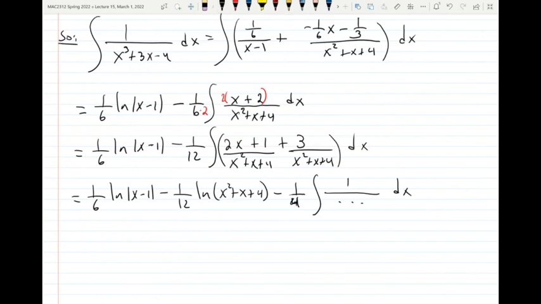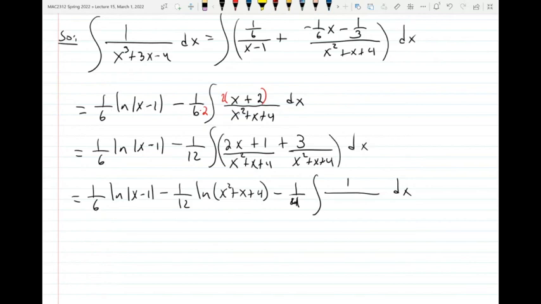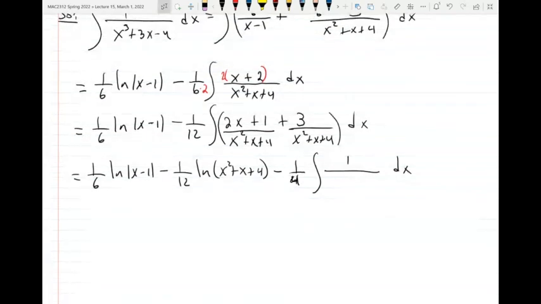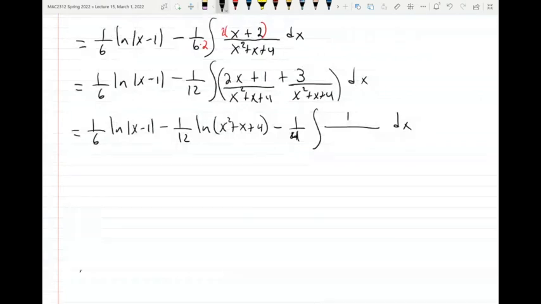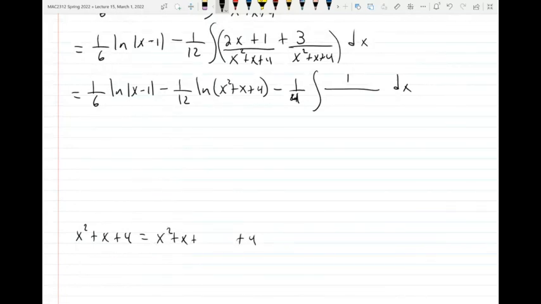Okay, so now here in the bottom, instead of putting x squared plus x plus 4, what I'm gonna put is the completing the square version of it, okay? So I'm gonna complete the square. Let me complete it down here. x squared plus x plus 4. So I need to have here 1 divided by 2 squared, so a 1 over 4.